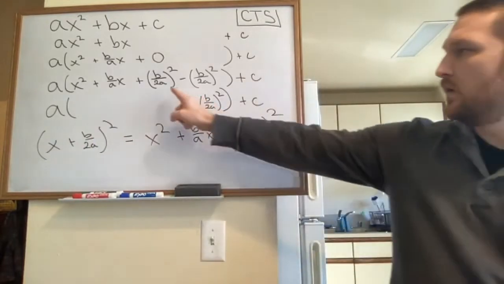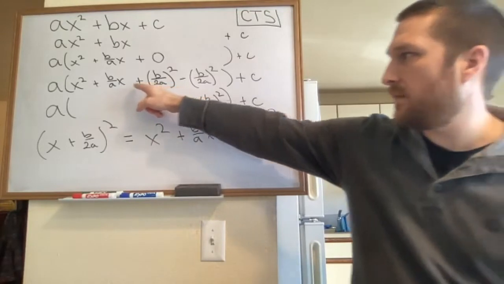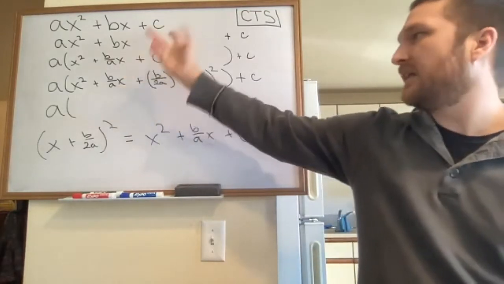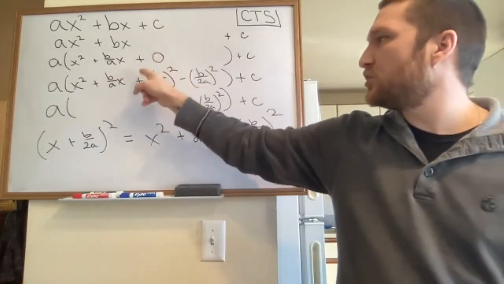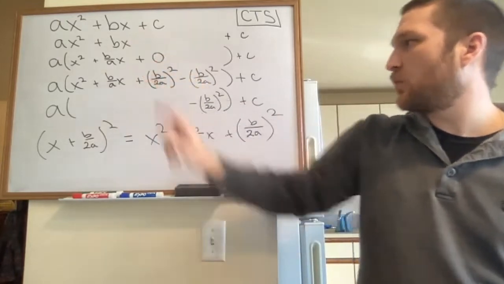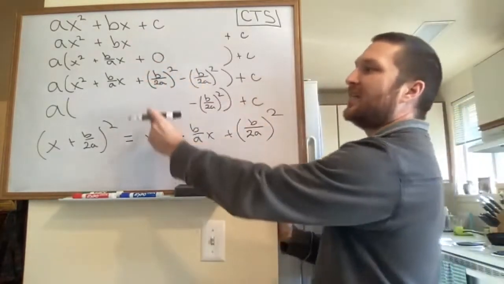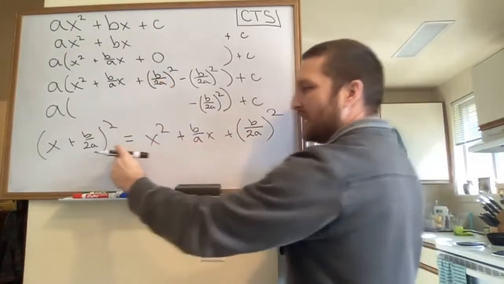And so the whole reason that we added this, I could have added any number. I could have added 7. I could have added 45. The reason I chose this number right here, that b over 2a squared, is because I knew that if I added that in, now we would have a perfect square.